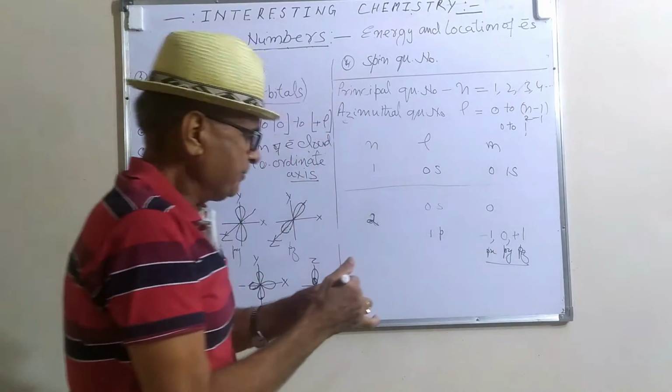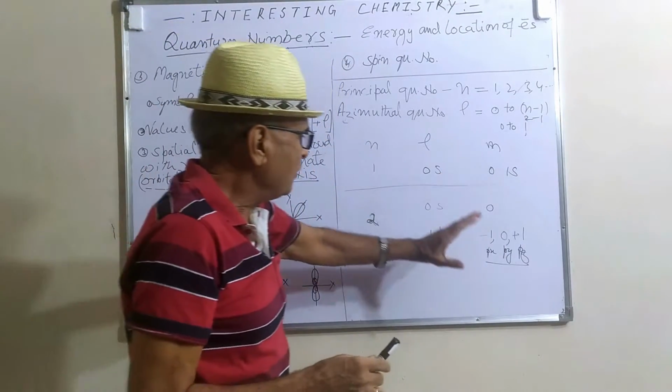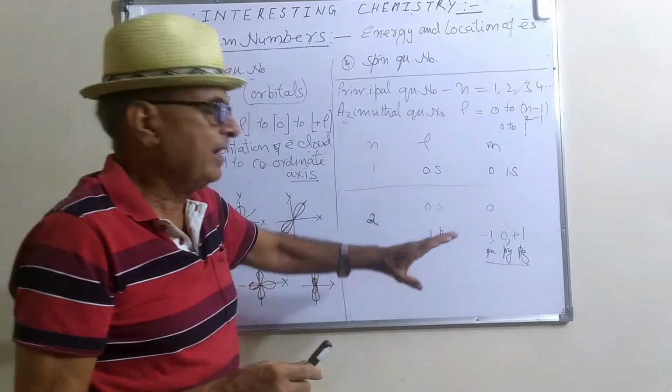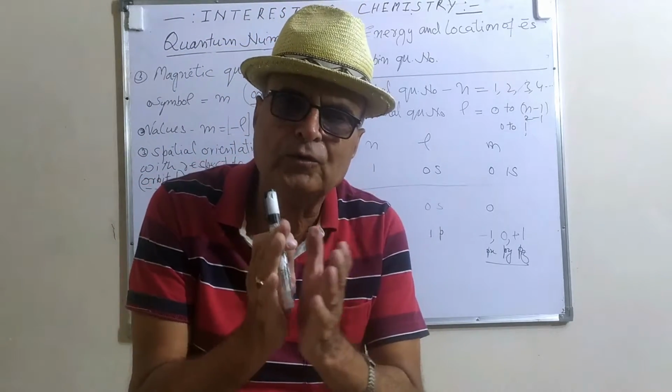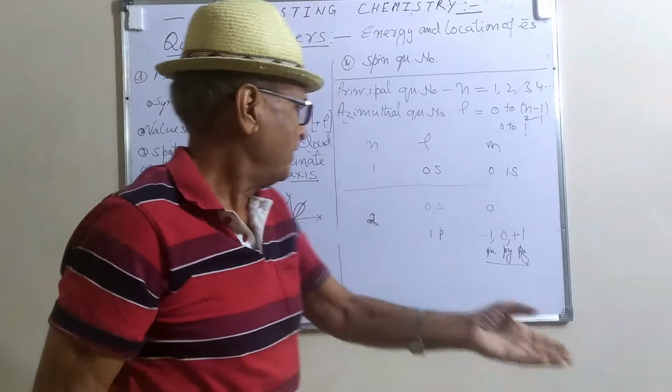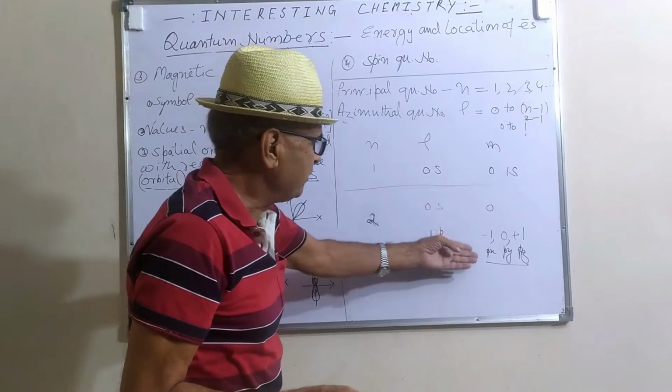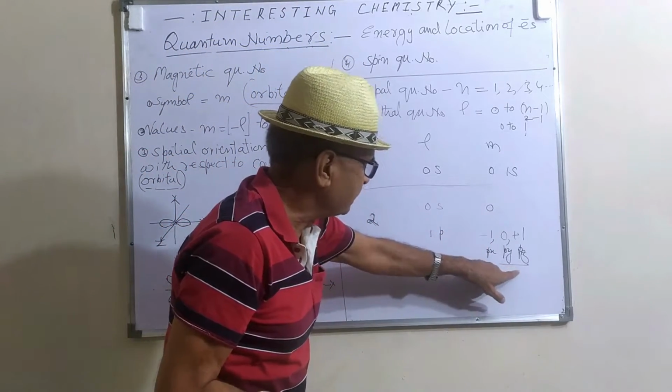From this chart you have found the P orbitals. There are 3 P orbitals.